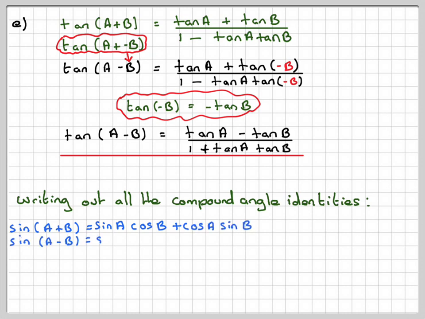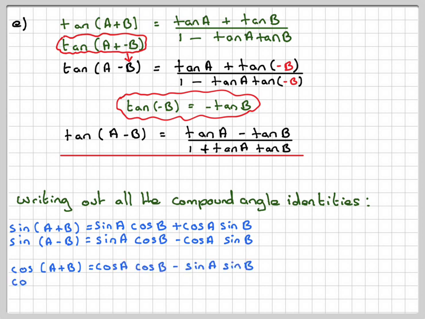sine A minus B. So notice the similarities. Cos of A plus B, cos of A minus B. Notice these, the minus and the plus are the other way around.